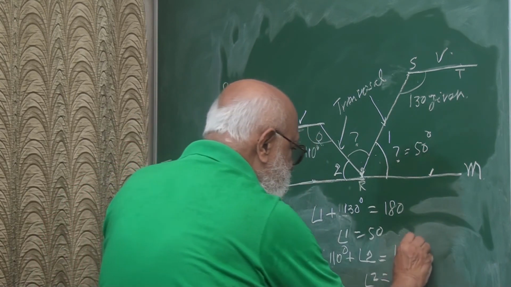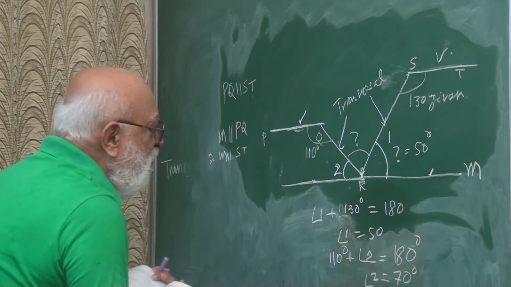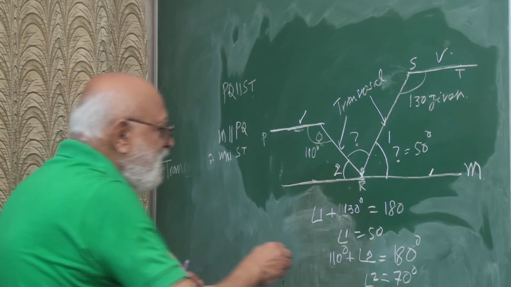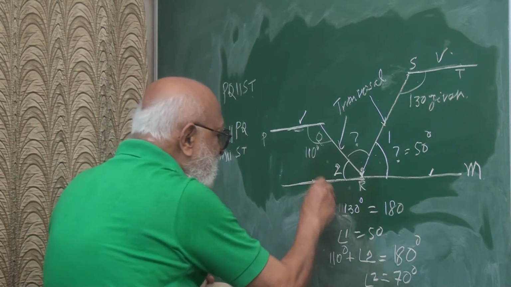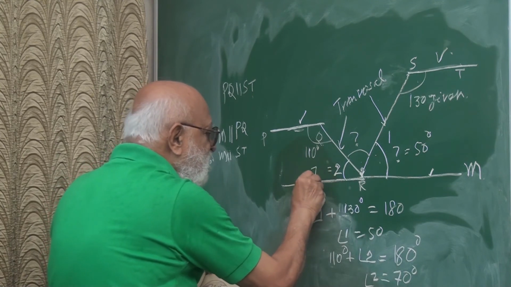Am I correct now? So on this side I have 50, and on this side I have 70.